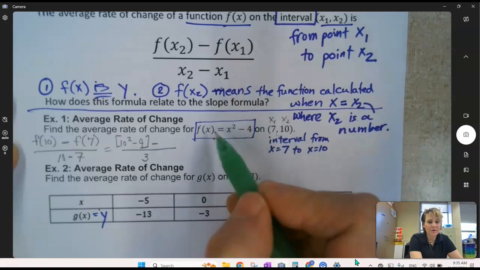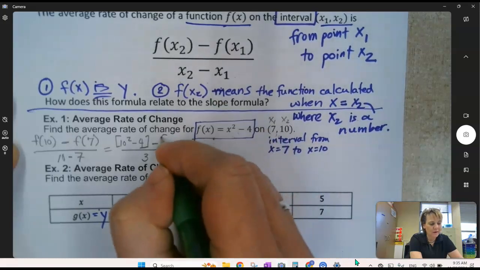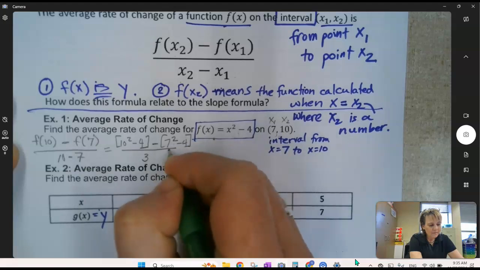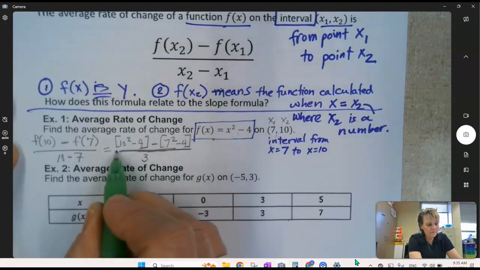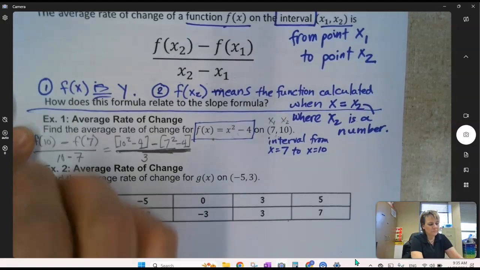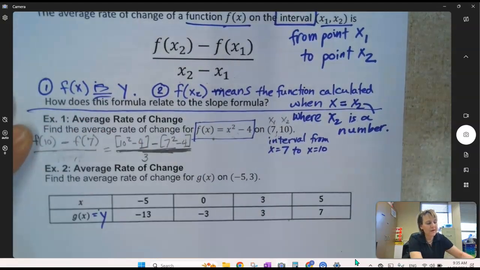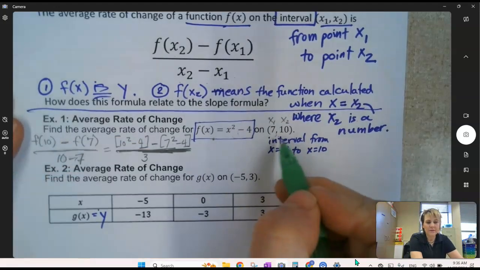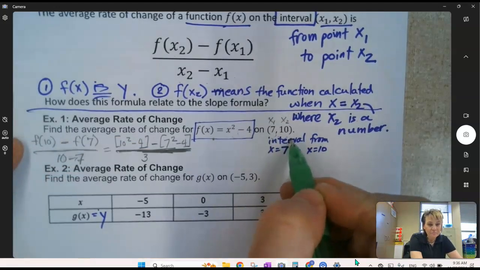So 7 goes into x squared minus 4. This is a 10 right here. We're using the x values given to us here on this interval, 7 to 10.